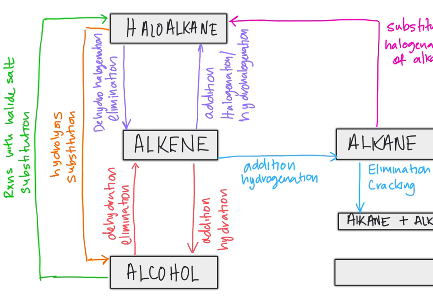And then let's say, for example, I wanted to make an ester. I know that I can take an alcohol and turn it into an ester using a condensation reaction, which is esterification.